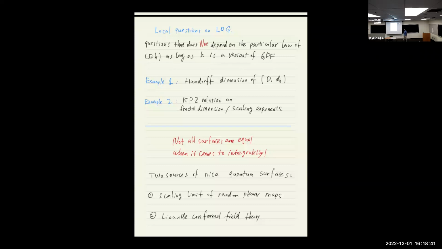In order to get some nice formulas, you cannot consider arbitrary quantum surfaces. You really need to consider quantum surfaces which are nice. In this theory of Liouville quantum gravity, there are two ways of sampling what I call nice quantum surfaces. One way is coming from scaling limits of random planar maps, and the other is something called conformal field theory. In the next part of the talk, I will give you a few examples of the two kinds of random surfaces defined in these two ways.